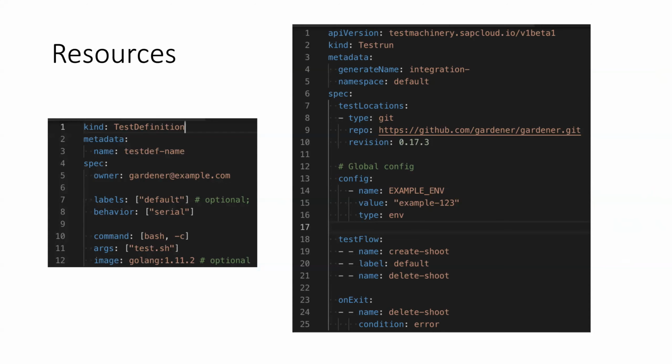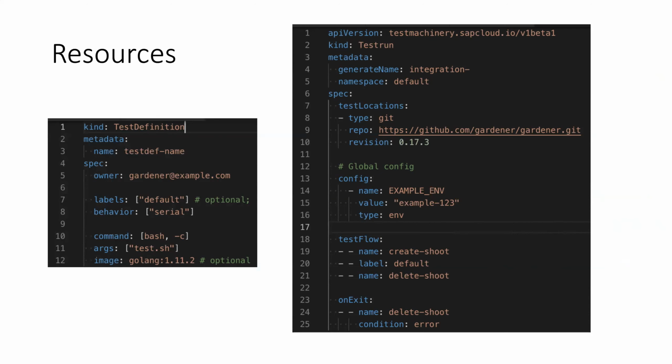Then we can define configurations like environment variables that are mounted to the tests, or files that are accessible in the test itself. And then we come to the test flow, which is a two-dimensional array, which basically means that everything in the second dimension is executed in parallel, and everything in the first dimension is executed in serial.